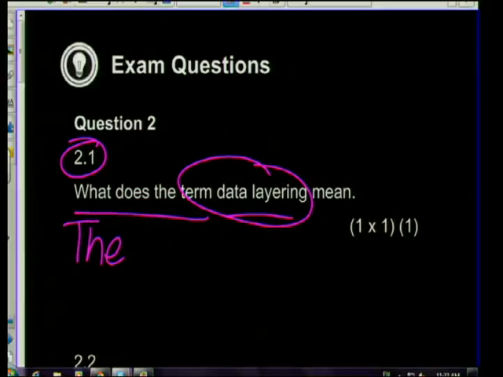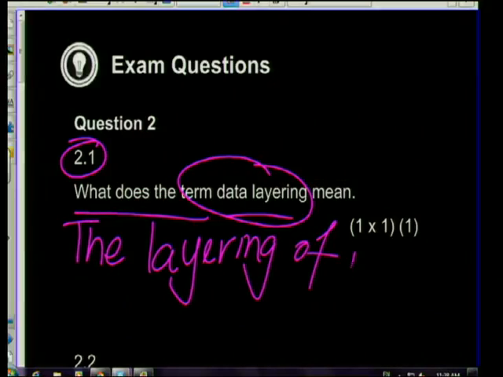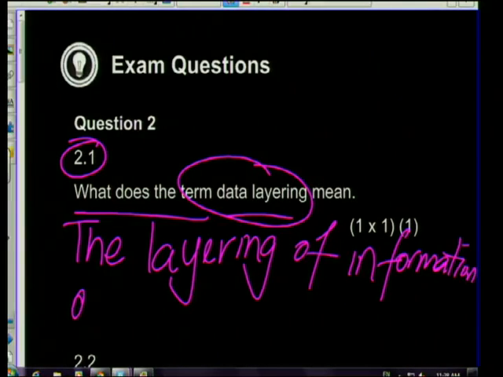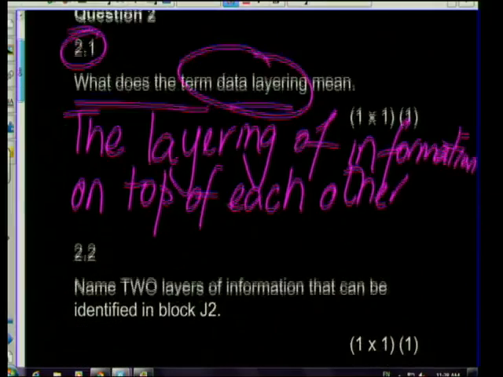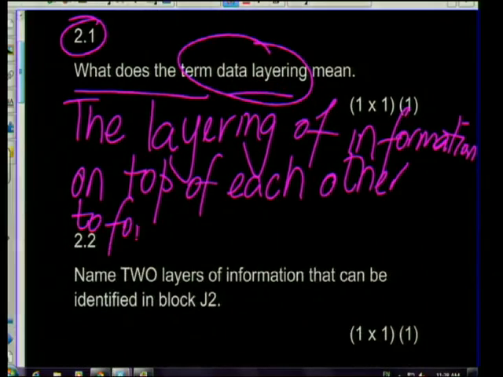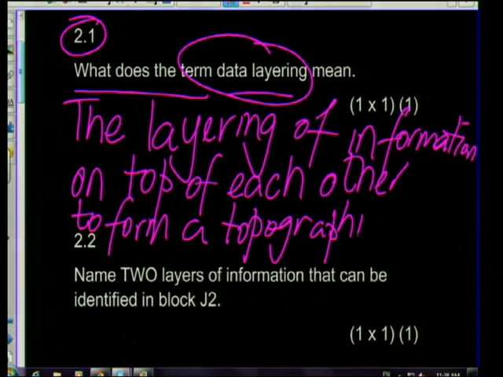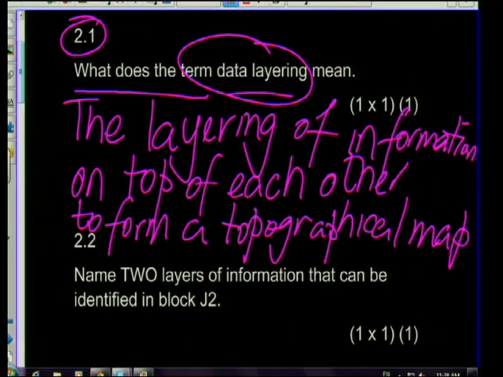The layering of information on top of each other to form a topographical map. In our example, we are referring to the topographical map, which is a classic example of data layering, where data sets are put one on top of the other.